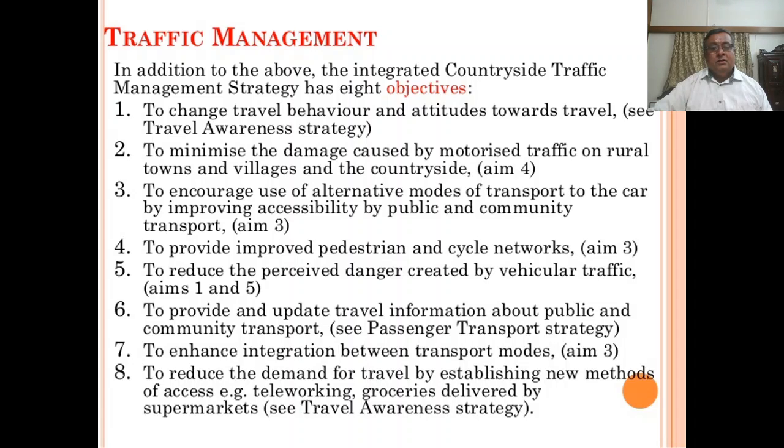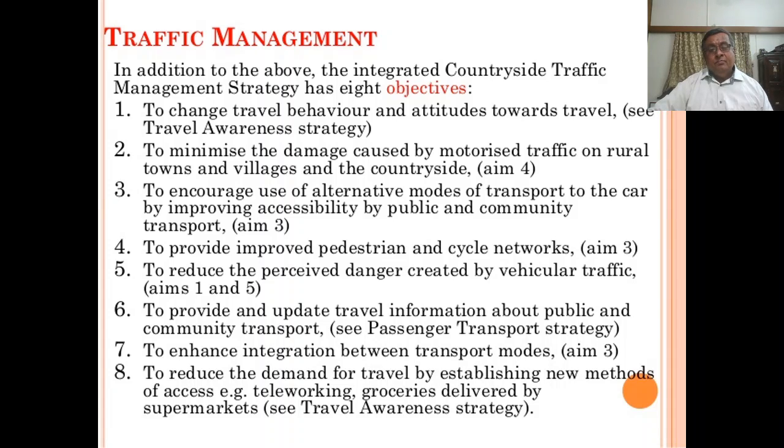Third one, to encourage use of alternative modes of transport to the car by improving accessibility by public and community transport. Fourth one, to provide improved pedestrian and cycle networks. Pedestrian means people who are walking on the road. You can call it padachari in Marathi.